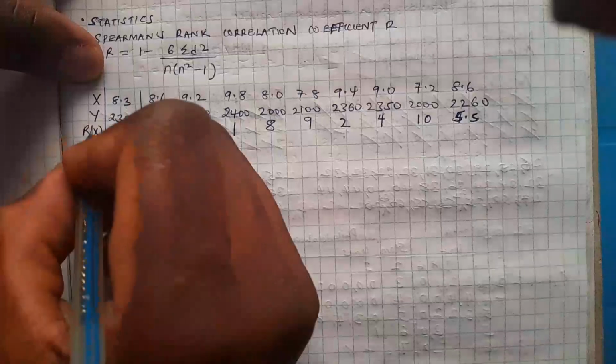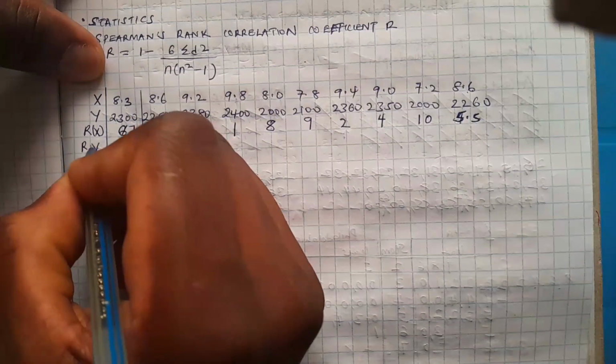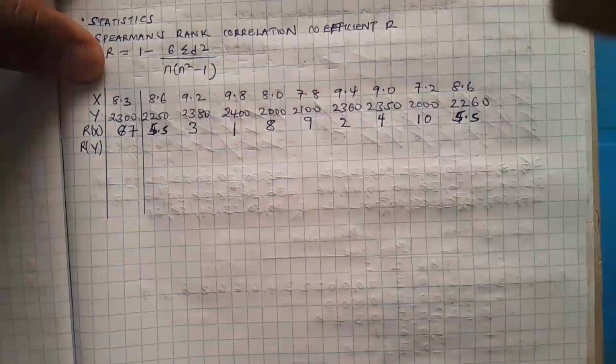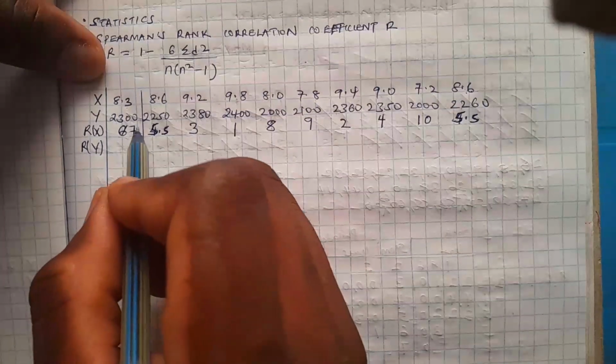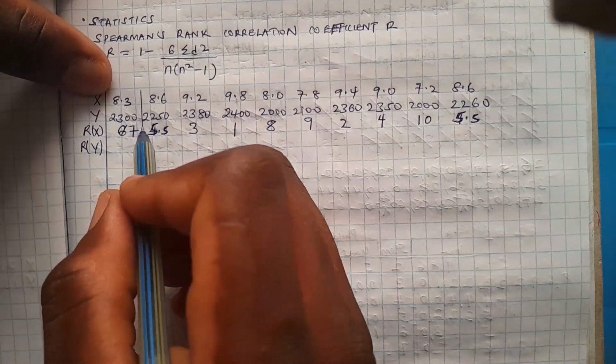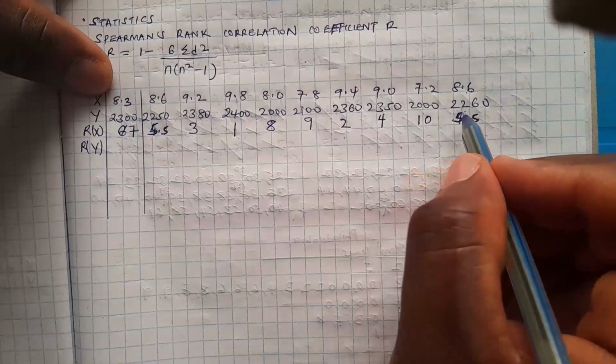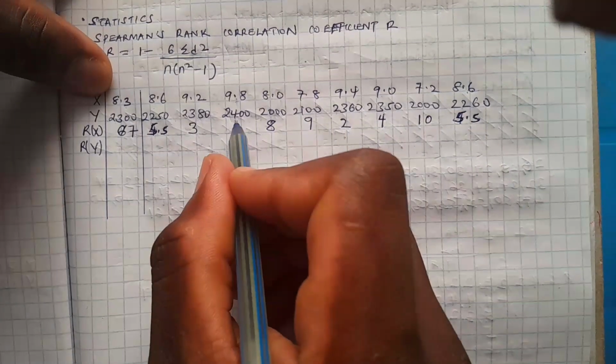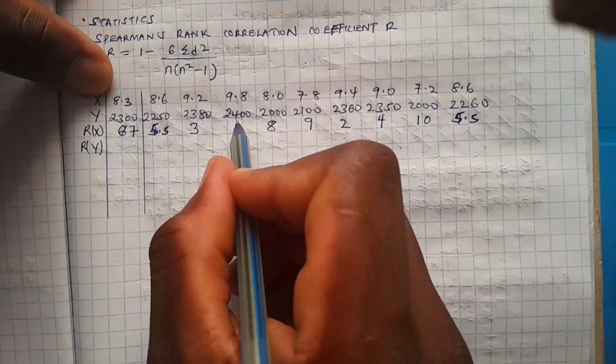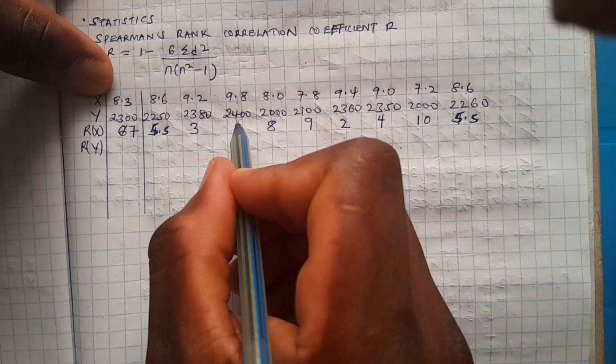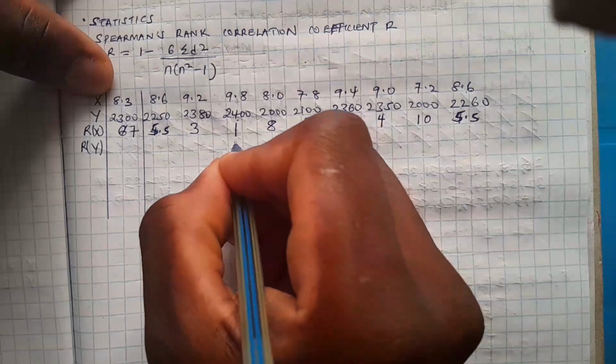Let's proceed and find rank Y. We follow the same procedure and give ranks from the largest to the smallest. Now, the largest data entry is 2400. 2400 will have the first rank.